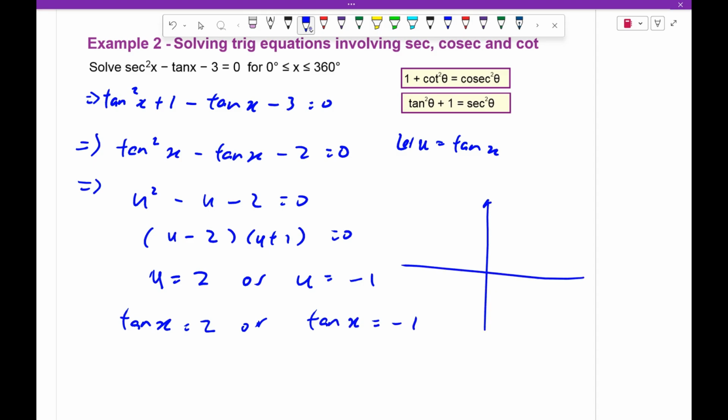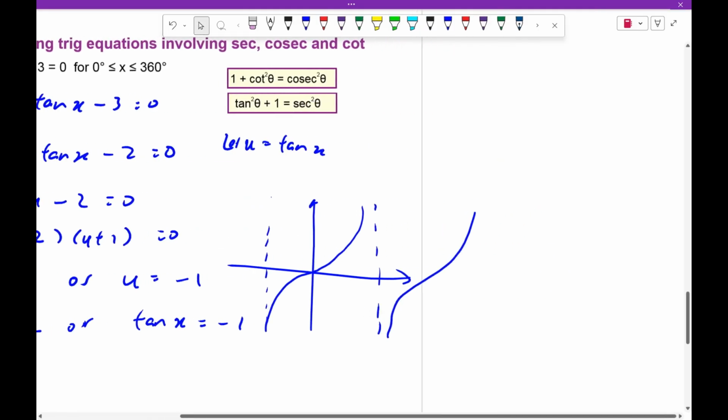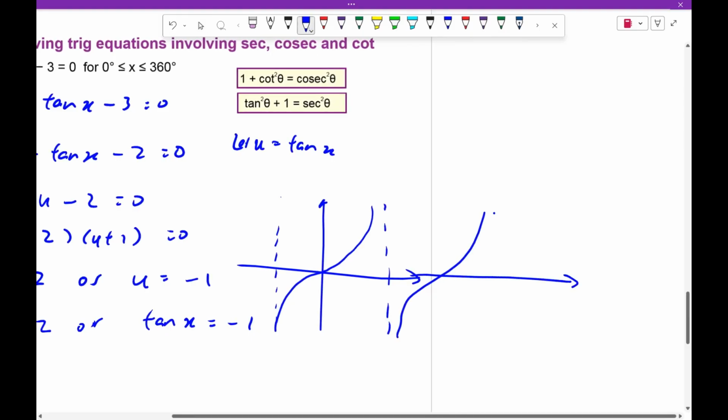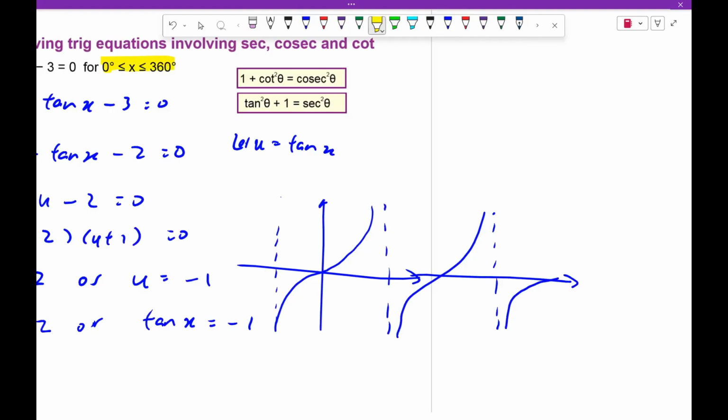If I were to draw a tangent graph, obviously this is not a good one. Like that. There's a reciprocal. And keeps going on. Now, I would like to limit myself to 0 and 360.